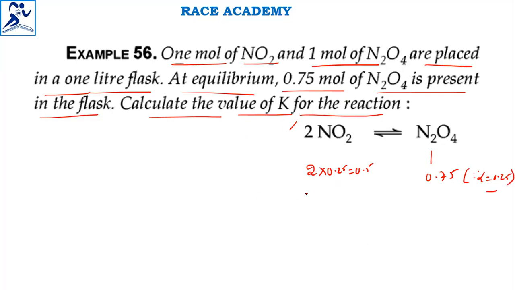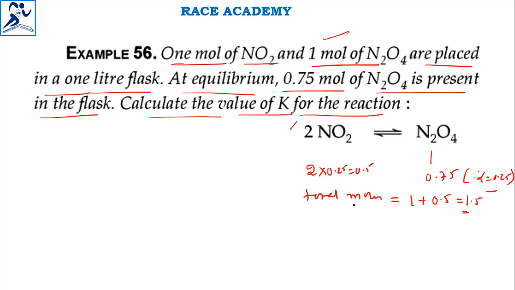So what is the total moles? The total moles will be 1 plus 0.5, that is 1.5. Okay, 1 mole of N2O4 and NO2 is 0.5.